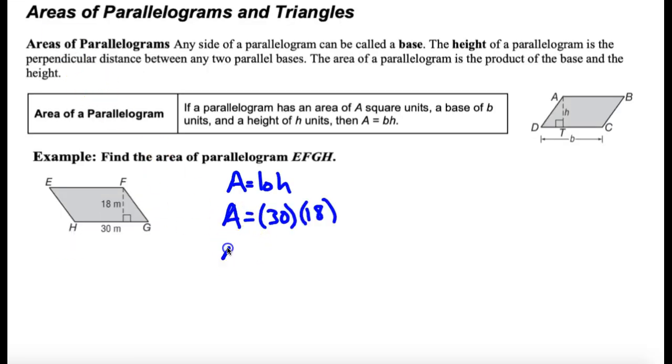So we are given units here, so we'll say the area is 540 meters squared. Remember, whenever we're talking about area, we're talking about square units. So the area of this would be 540 square meters.